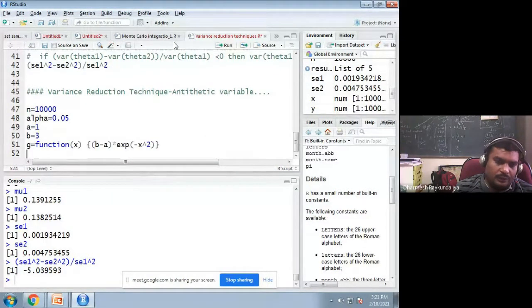So this is the function I'm going to use. Now, as I said, I have to generate x, or let us say u, from our standard uniform. No, we will generate from 1 to 3. So what is this?